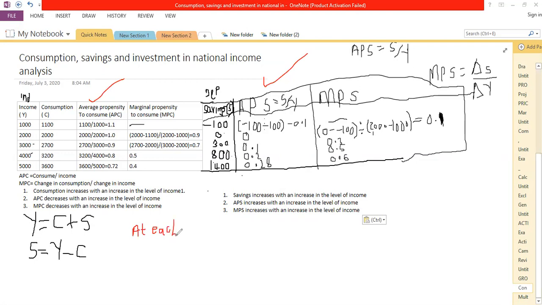At each level of income, this is one of the deductions we can make upon our two tables. If I take the APC of 1.1, and I also take the APS of negative 0.1, let's see what will happen. 1.1 combined with negative 0.1, the result would actually be 1.